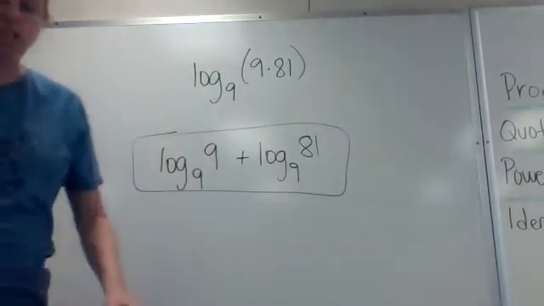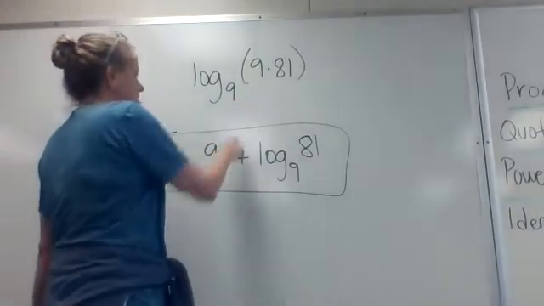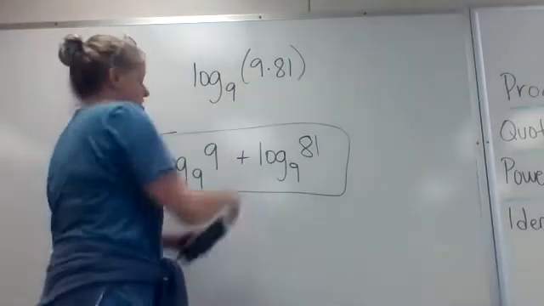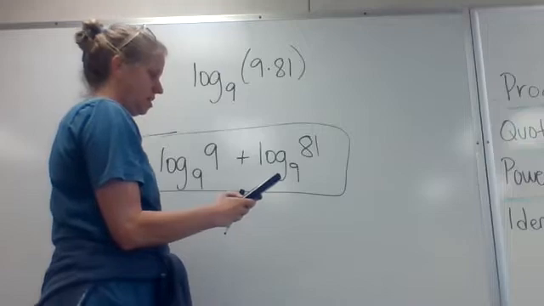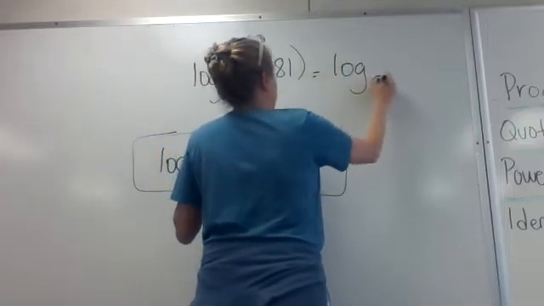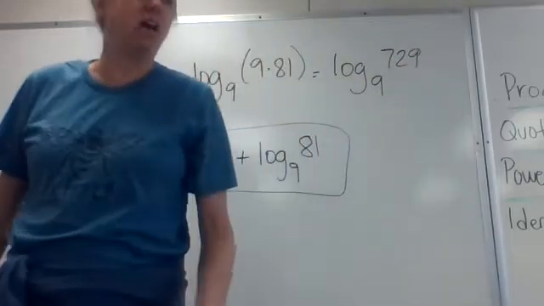So just on this one, just to show that this isn't just something I'm throwing out there, let's see what those both equal. First of all, in here, 9 times 81 is 729. So this is saying log base 9 of 729. And remember how to find that logarithm.